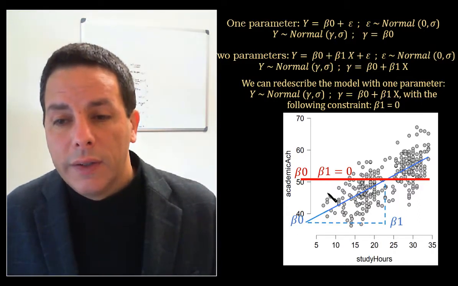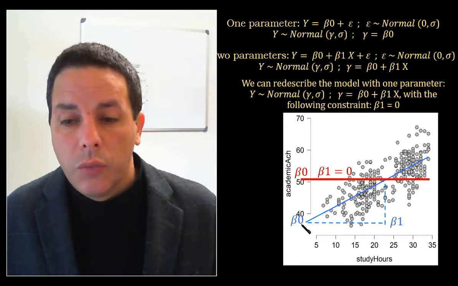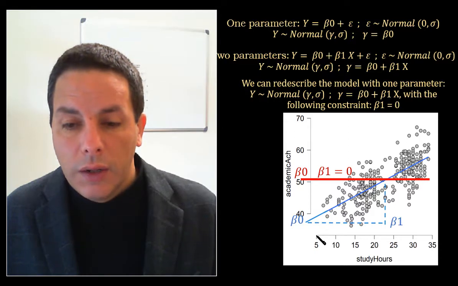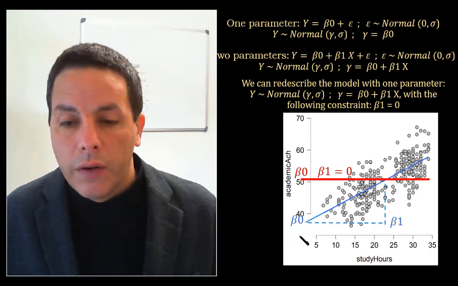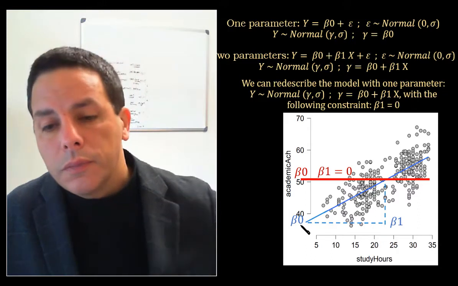Whereas in the model with two parameters, we've got beta 0, which is the intercept, so where this line intercepts the axis at 0. So in study hours, it starts at 5, so 0 should be around here or around there. So the intercept will be around there.